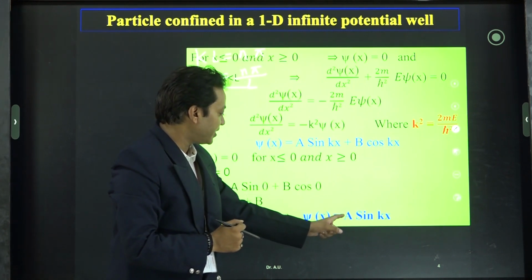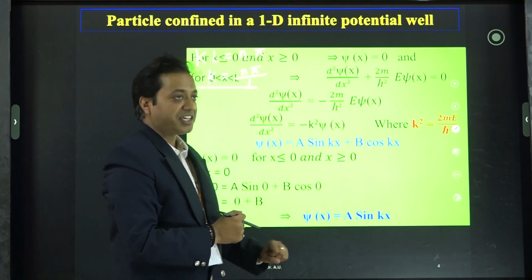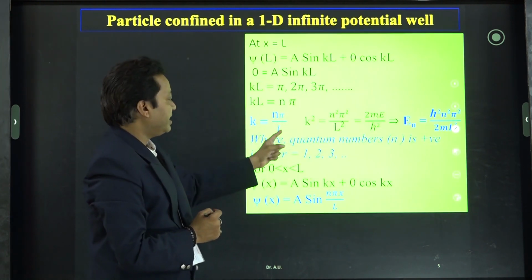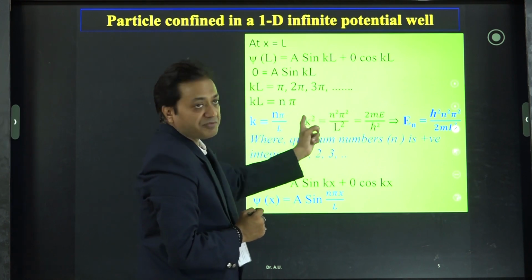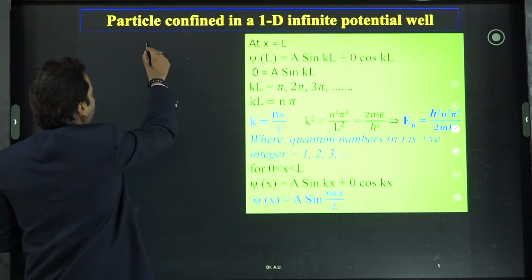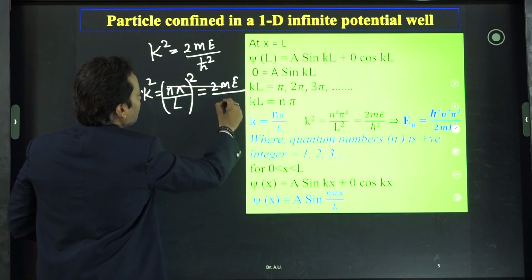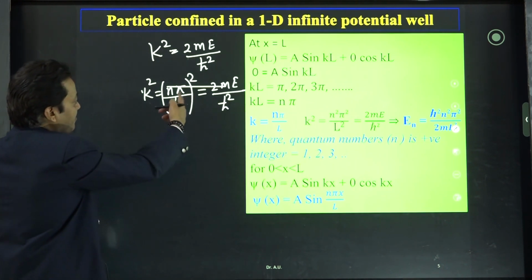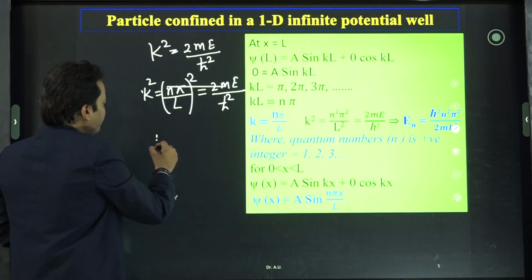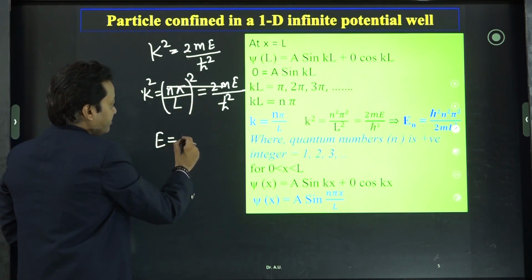It means psi of x is equal to A sine kx. So, k is equal to n pi by L. And also somewhere we have assumed that k square is 2mE over h cross square. From these two equations we can find out the value of energy.